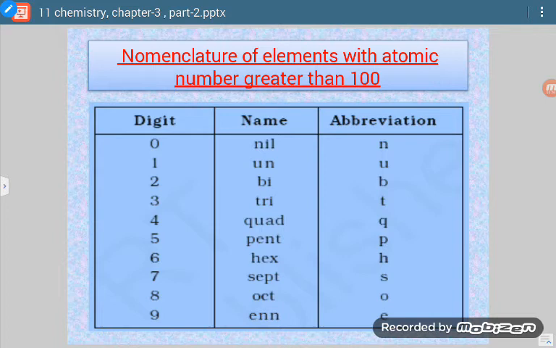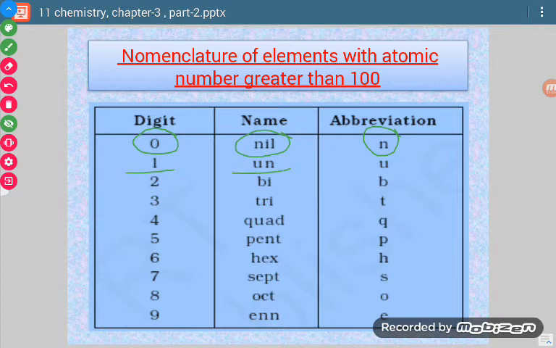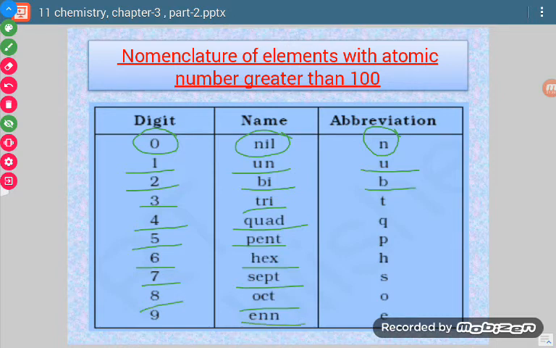Since digits can be from 0 to 9 only, for 0 we write nil, and we abbreviate all of these with the first letter, so the first letter is N. Similarly, for 1 it is un, so abbreviation will be U. For 2 it is bi, so abbreviation will be B. 3 tri, 4 quad, 5 pent, 6 hex, 7 sept, 8 oct, and 9 en. In all the abbreviations we have to take the first letter.